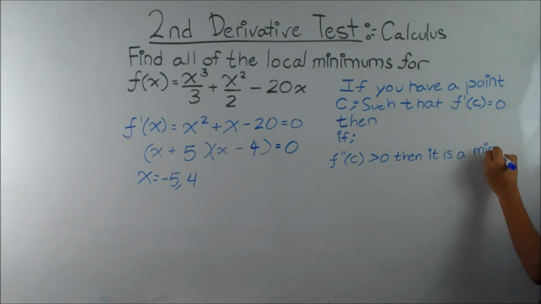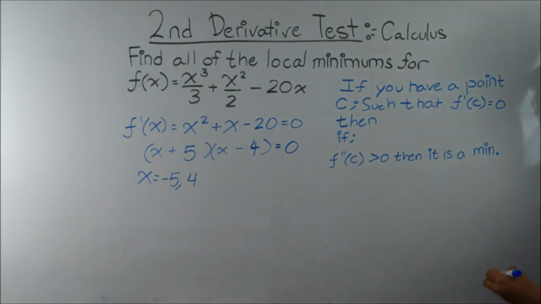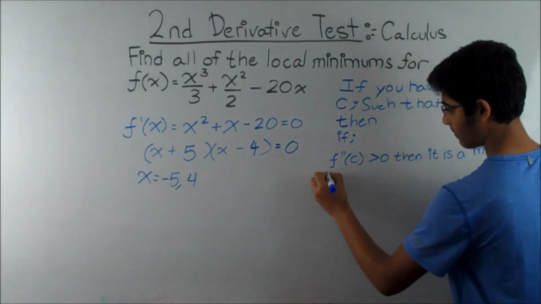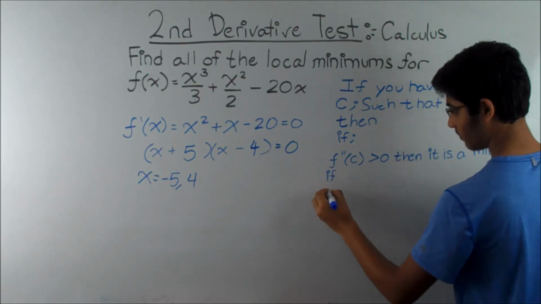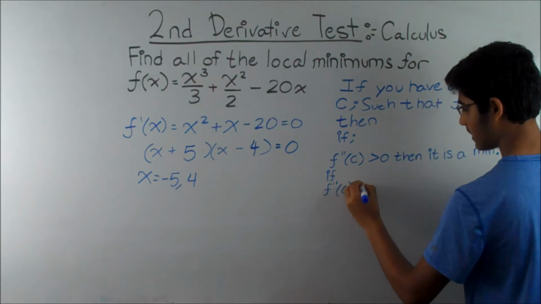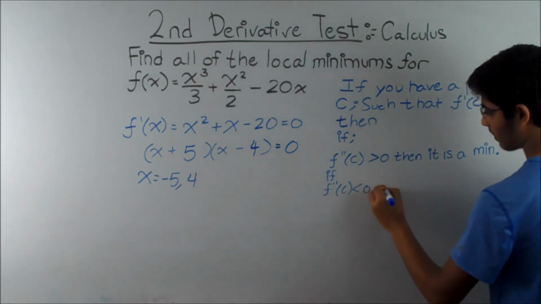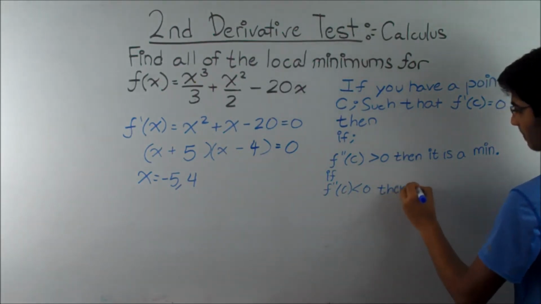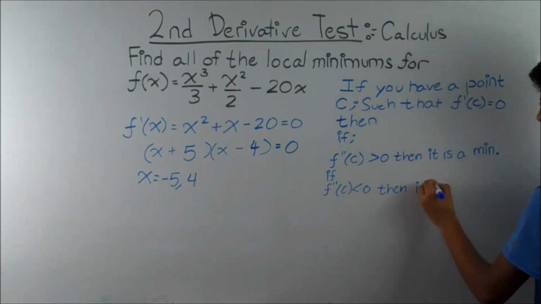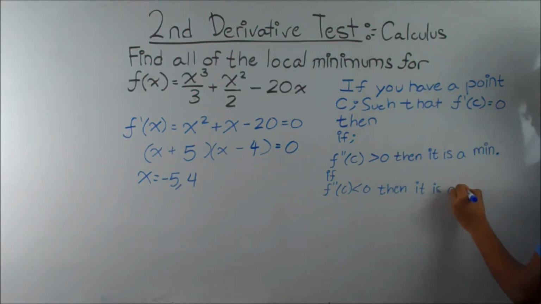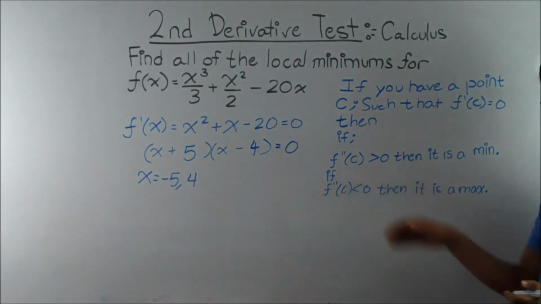So I'm just going to use min for minimum. If f double prime of C is less than 0, then it is a maximum. So we can see these from the two examples that we have.